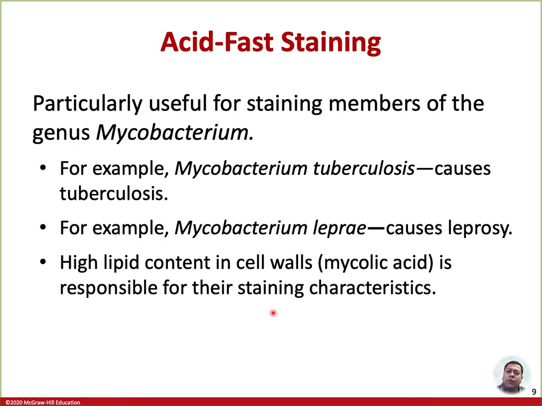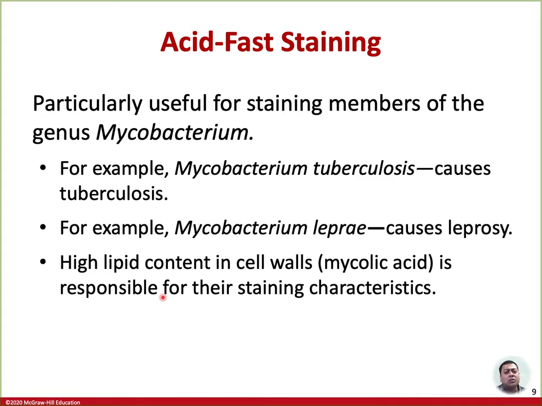Usually, the wetting agent used is called tergitol. Along with the phenol and the carbol fuchsin, we use this tergitol. This drives the stain into the mycobacterial cells. Without this, it is impossible for any dye to penetrate this high lipid structure.